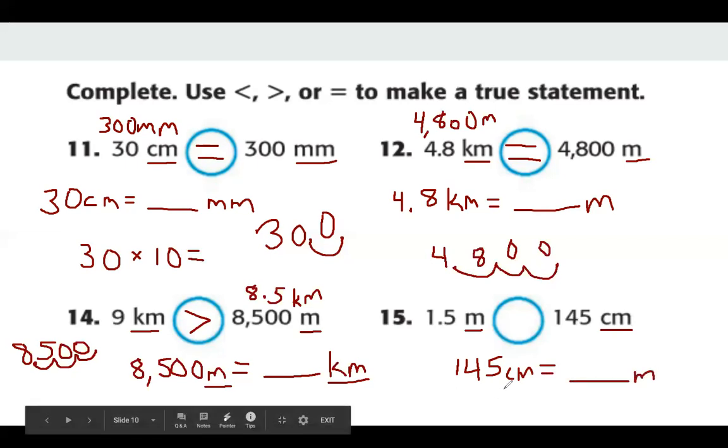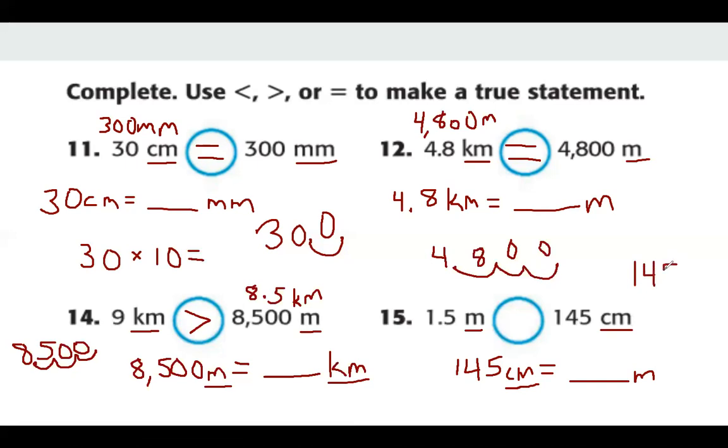So centimeters is the smaller measurement, which is why I'm going to divide. So I'm going to take, and I'm going to do it up here. Sorry, I'm running out of space. So I'm going to do 145. But what am I going to divide it by? So I look over at my chart here, and 1 meter is equal to 100 centimeters, which means I'm dividing by 100. Boys and girls, tell me, how many times do I have to move my decimal if I'm dividing by 100? 2, because there's 2 zeros in 100.